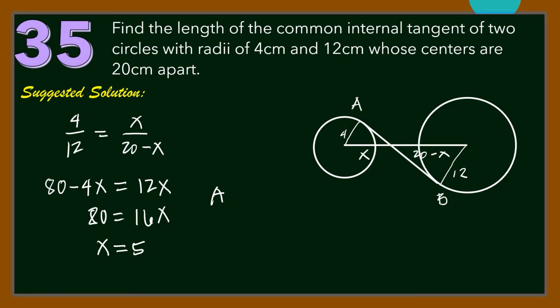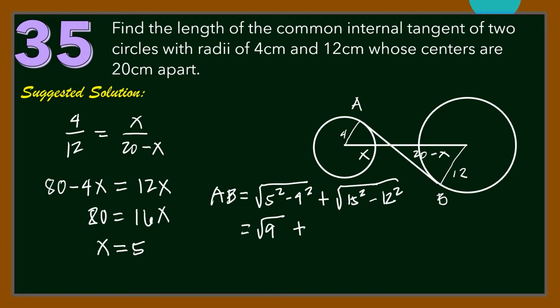Then we can form the equation AB is equal to the square root of 5 squared, that is the value of x, minus 4 squared, plus the square root of 15 squared, that's 20 minus 5, minus 12 squared. 5 squared minus 4 squared is equal to 9, that is square root of 9. 15 squared minus 12 squared is 81, so we have the square root of 81.